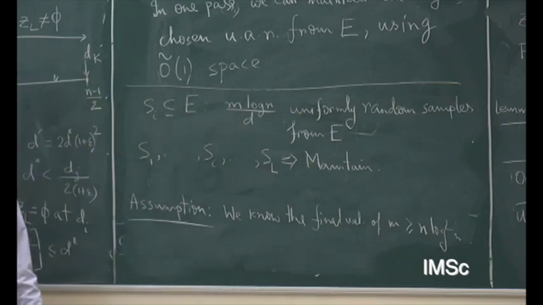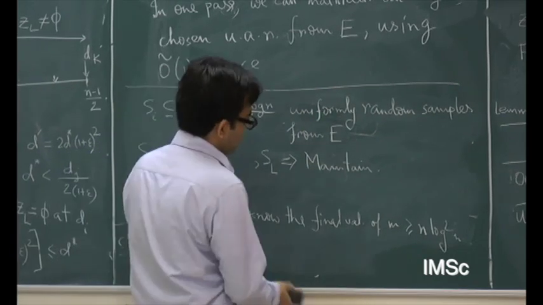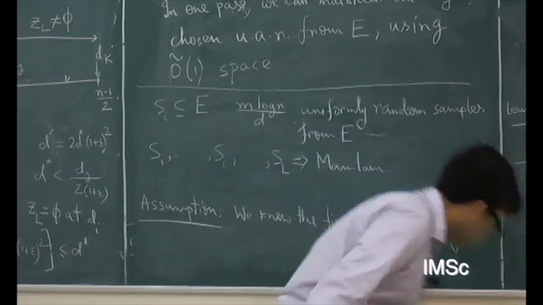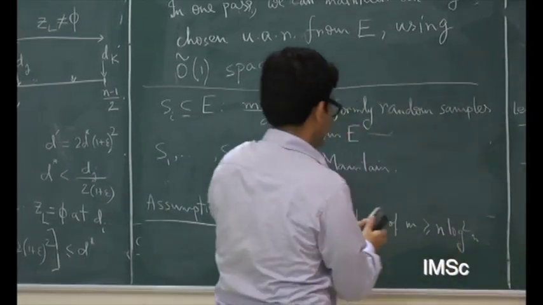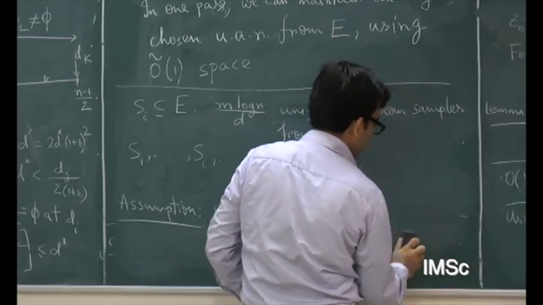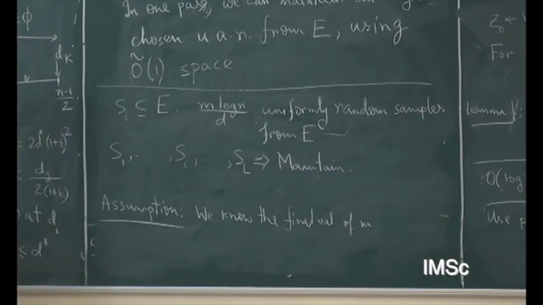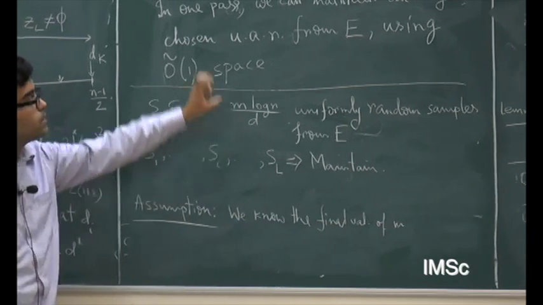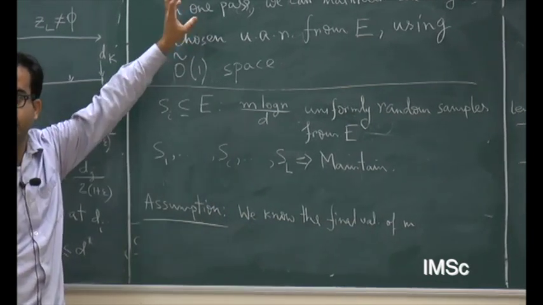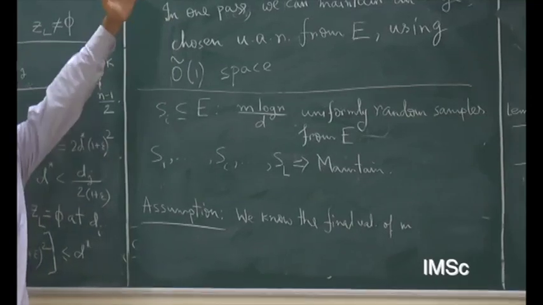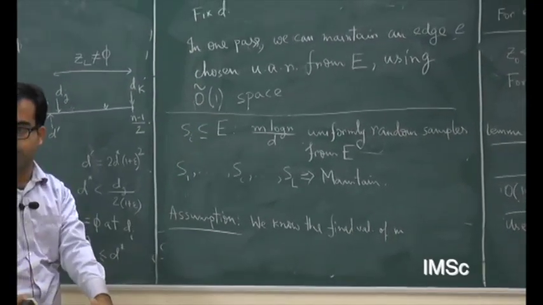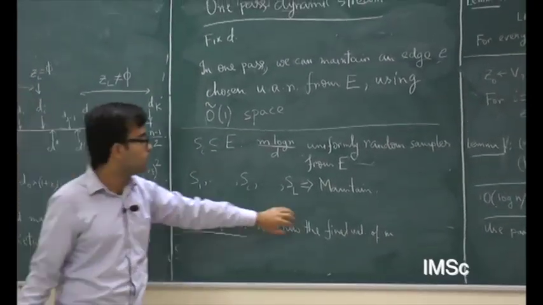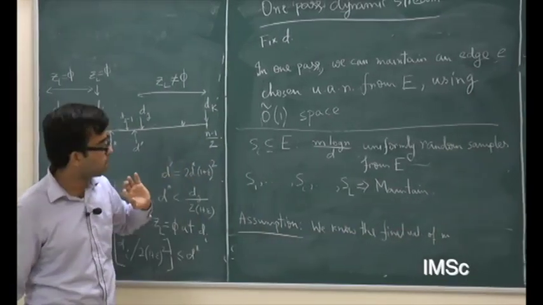Why? Because if the final value, okay, you don't even need this assumption. I take it back. We know the final value of n, because note that the value of n changes. This is a dynamic stream, right? At an intermediate step, there might be many edges, then the number of edges can also drop and something else. Suppose we are just given the exact final value of n.